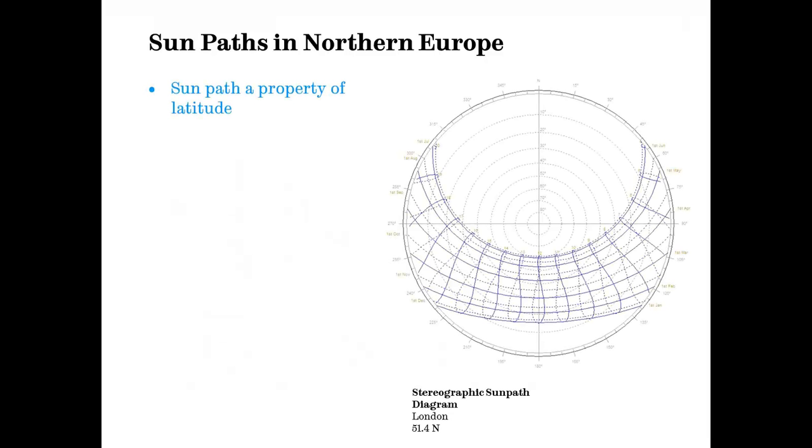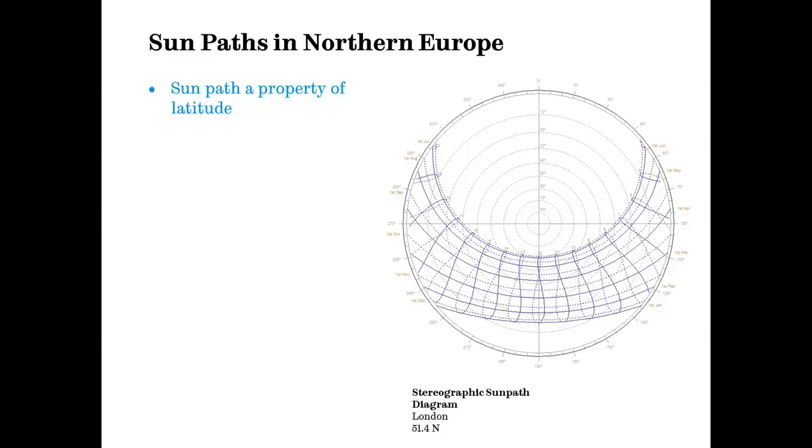So this is a stereographic sun path diagram. This is the diagram for London, and what this diagram is showing you is north is at the top here, south is at the bottom, and it's imagining that you are stood, or your site is in the middle of this diagram.